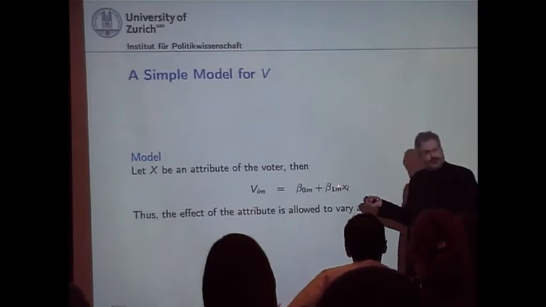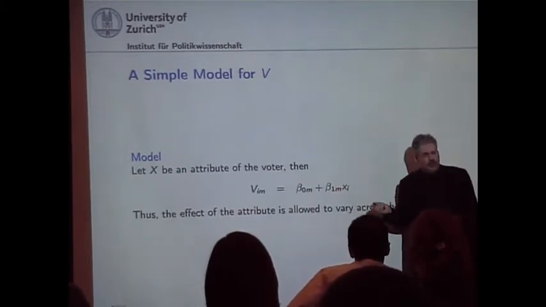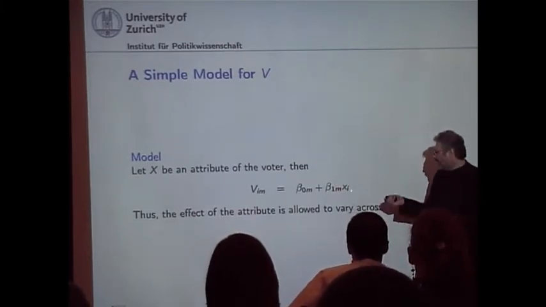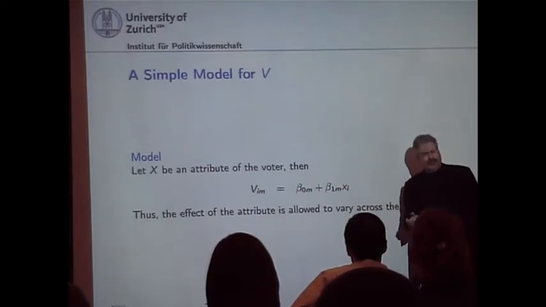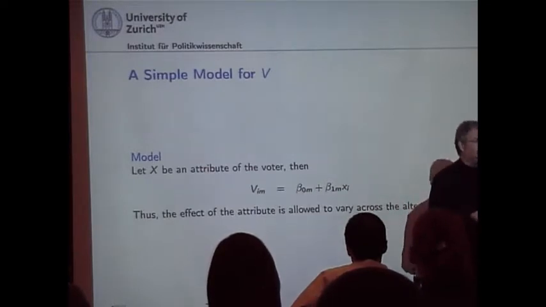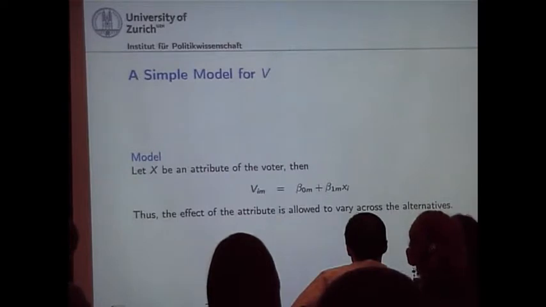So X could be, for example, the issue distance to the party, or X could be your left-right self-placement, because it's an attribute of the decision maker that we're introducing here.